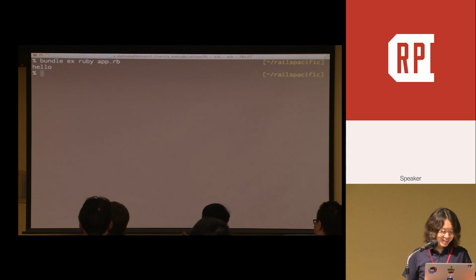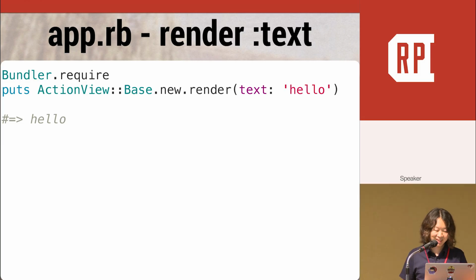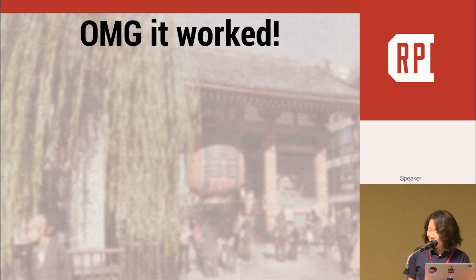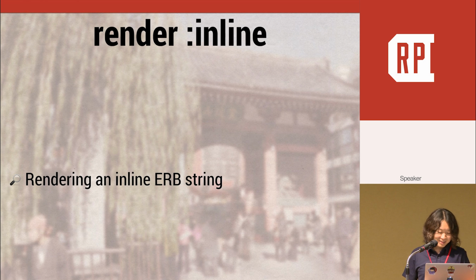So, it's done. This actually prints out hello. It worked. It's pretty simple, right? So the next render method is render inline.